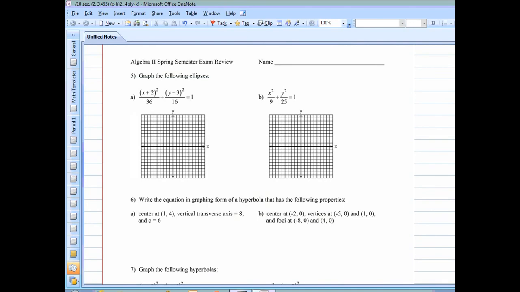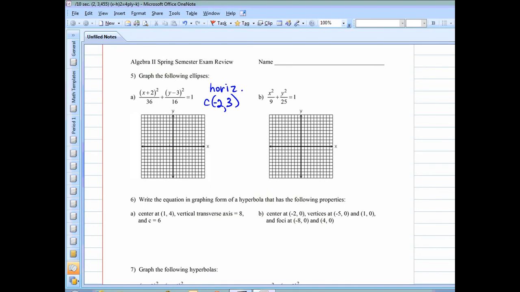Here, we're going to graph these ellipses. So this one, because the bigger denominator is a squared, and that means that this one is going to be horizontal. And the center, I just put a C and put the coordinate, is H, K. So I'm going to take the H's with the X and K's with the Y, but the opposite sign.